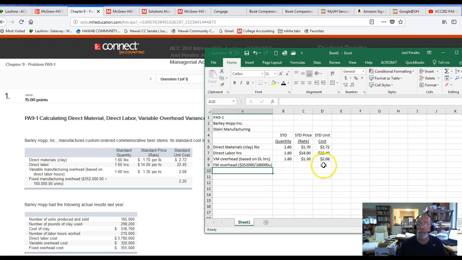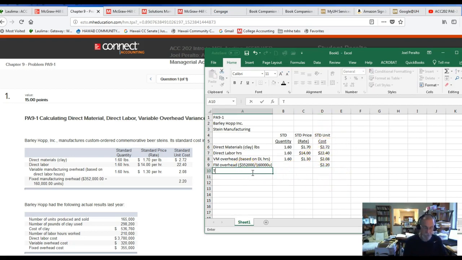And so let's make this a formula. 352 divided by 160. I guess we need to show that's a formula there. $2.20.